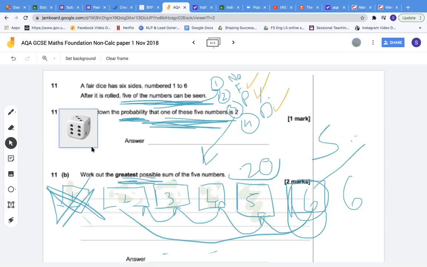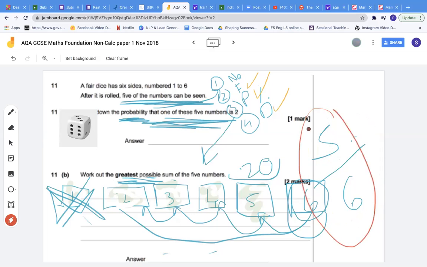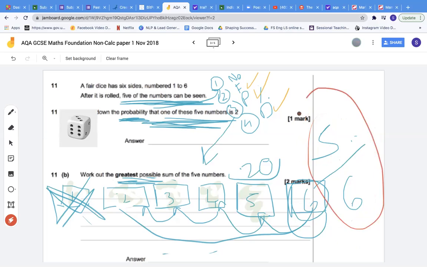However, if you are being ambitious, I don't see why not. Remember, it's a non-calculator paper. So if you knew what this was as a decimal or as a percentage, brilliant. But if you don't, it's always best to play safe and just choose the fraction option.